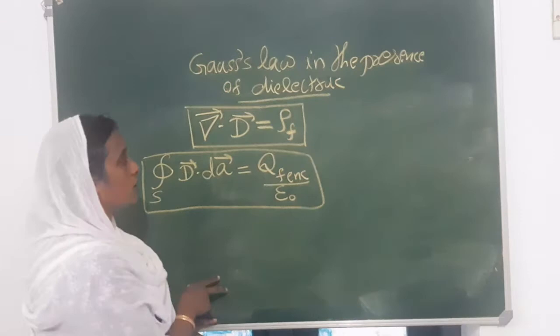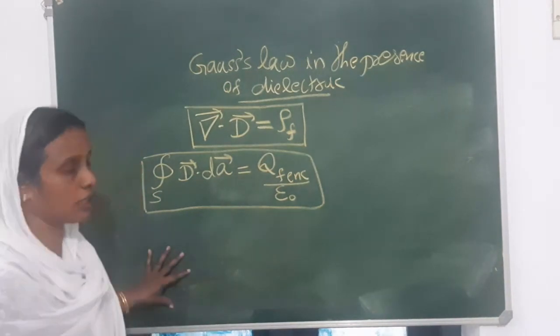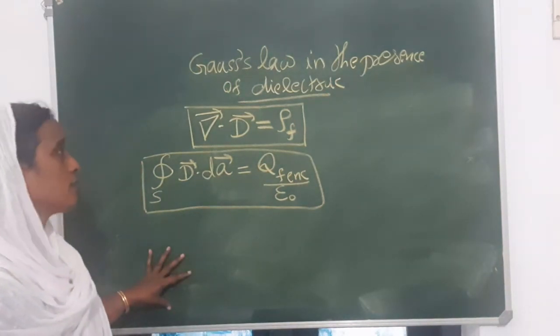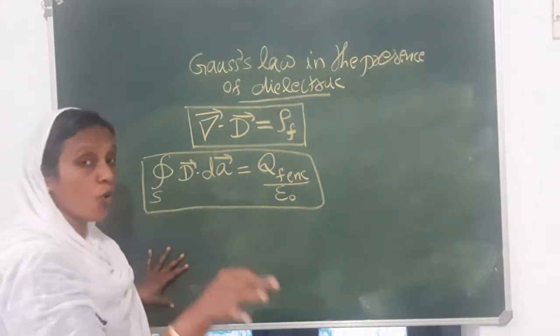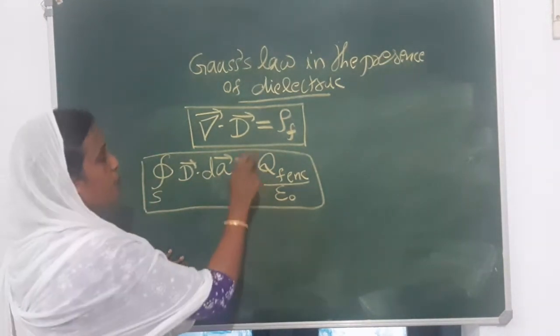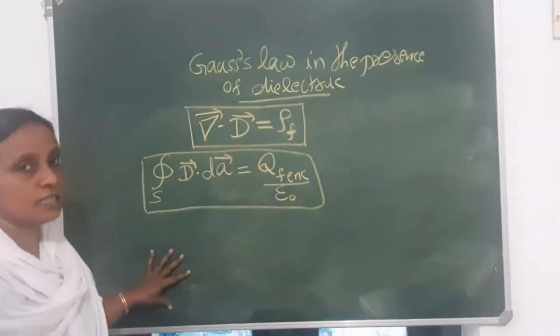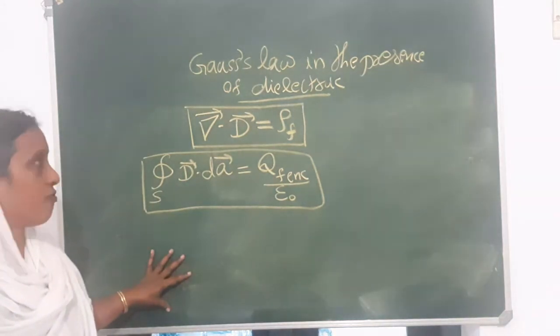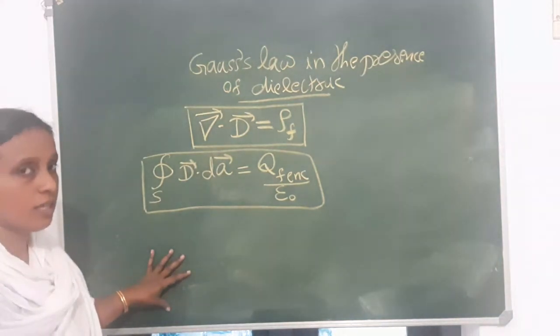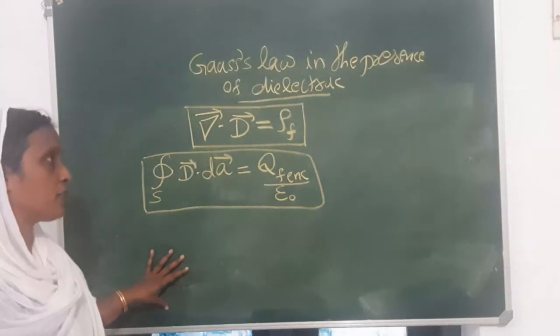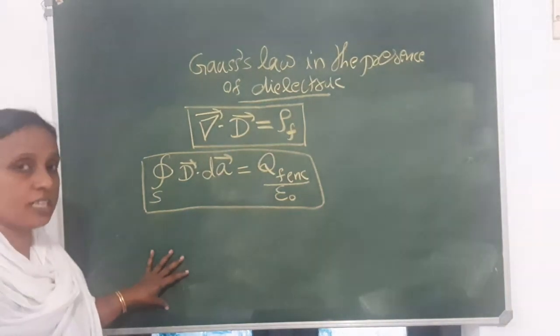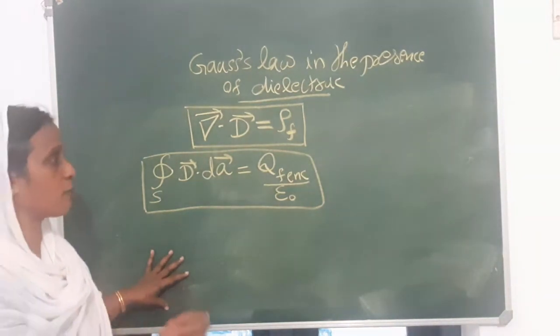But it is not the real situation, because there is no Coulomb's law corresponding to this electric displacement vector. That is the difference between the electric field vector and the electric displacement vector.